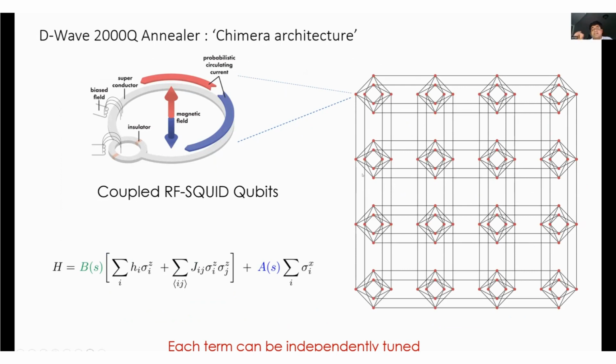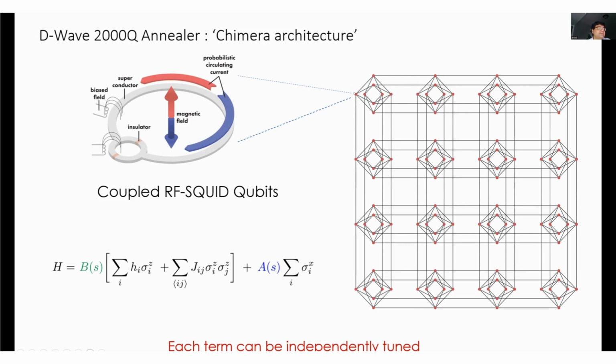This is called the Chimera architecture, which they have just retired. Right now, they have something called the Pegasus architecture, which is even more connected. I'll show you a picture of that later. But the way it works is that you have several qubits, these tiny red dots, and each qubit is connected to other qubits using couplers.